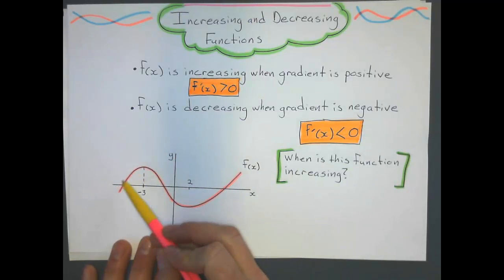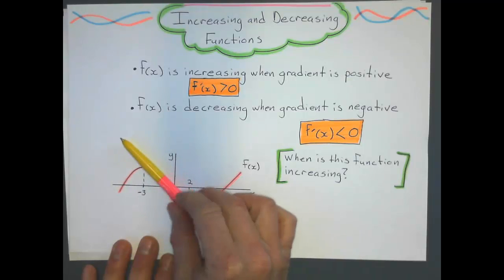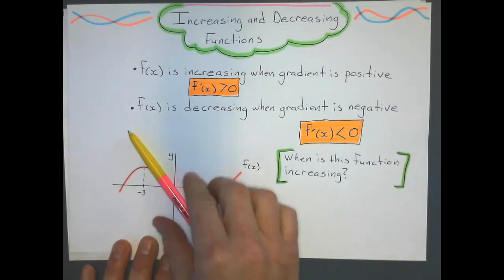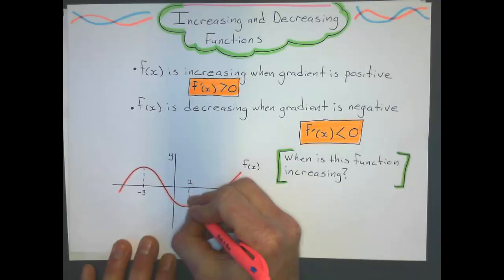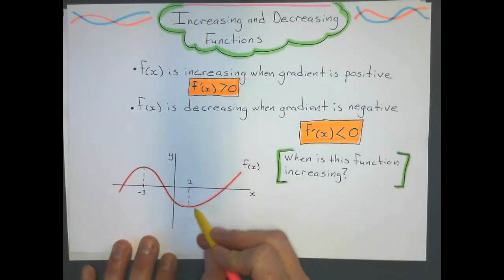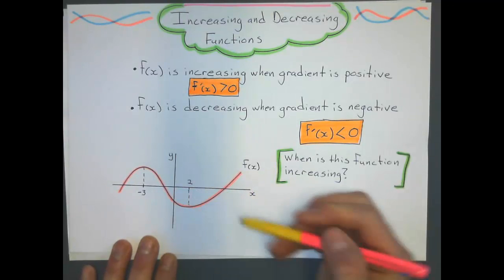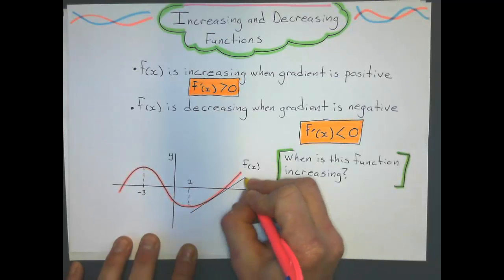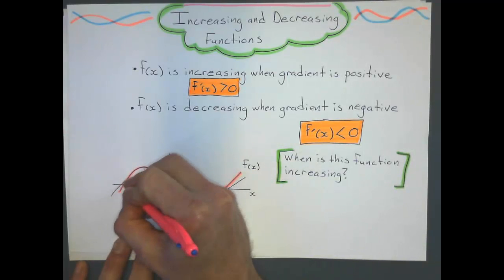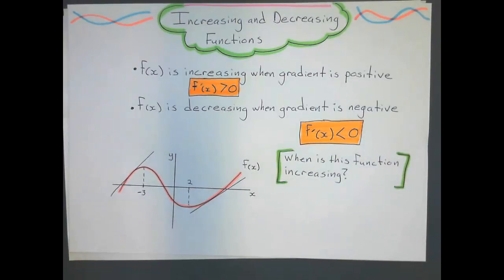It's positive going up to -3. This part's not positive, that's a negative gradient. And everything past +2 has a positive gradient.